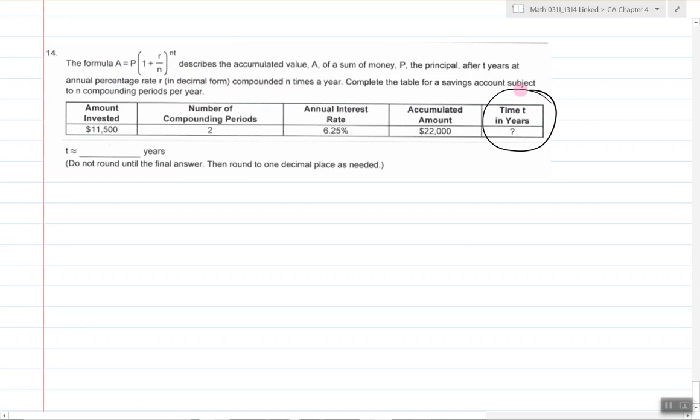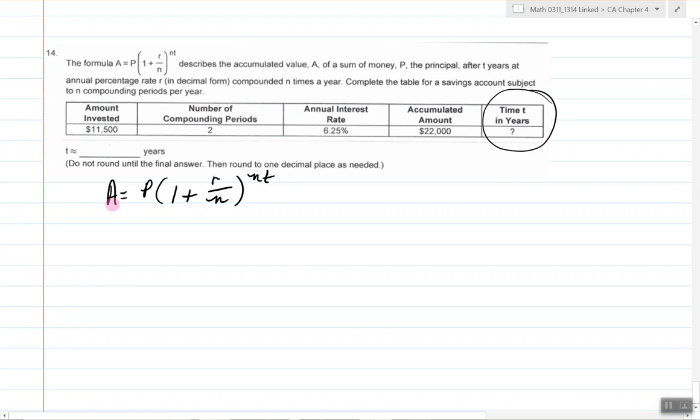All right, let's use our graphers to do this. I'll write down the formula and then we'll plug in. A is equal to P times 1 plus r over n, raised to the n times t power.